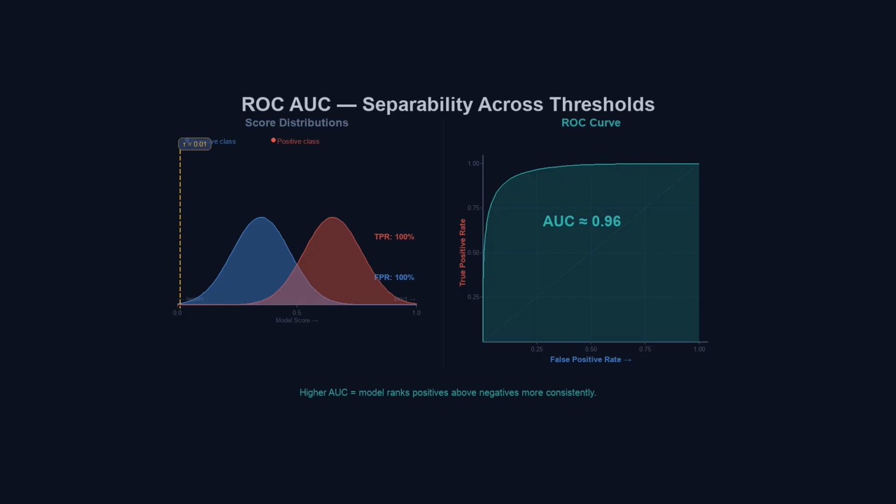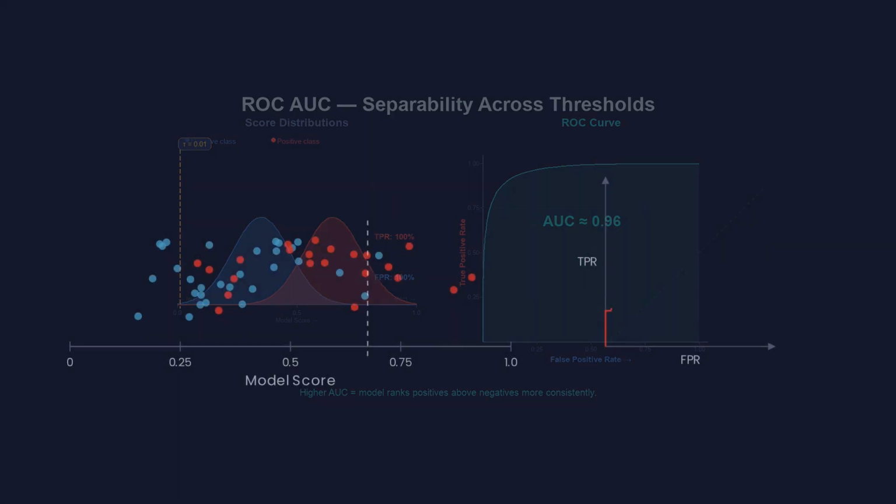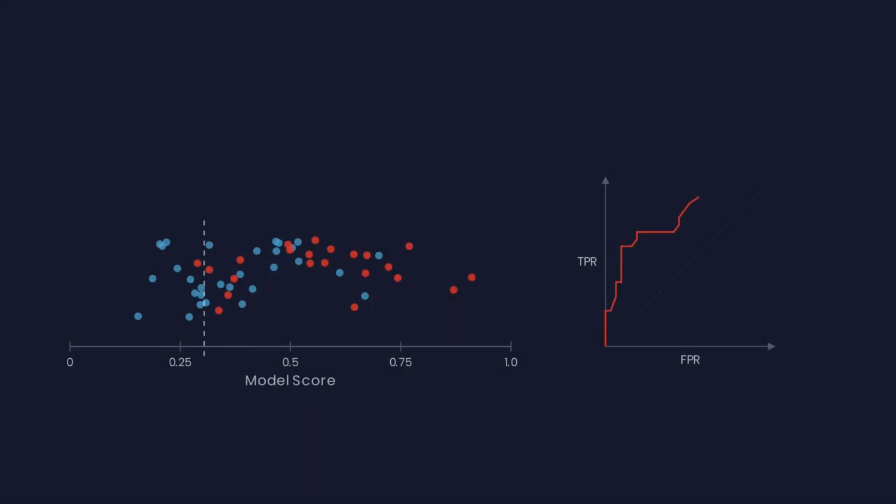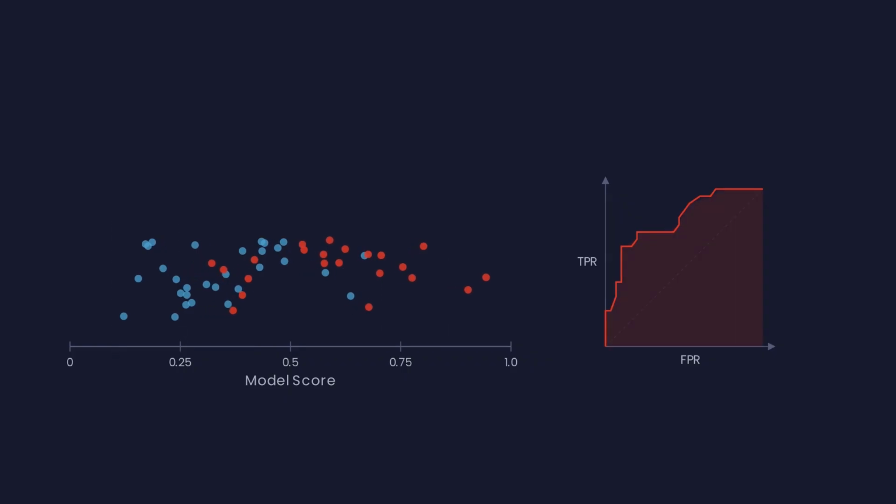If I sweep the threshold from very strict to very lenient, how well does the model distinguish positive cases from negative cases overall?